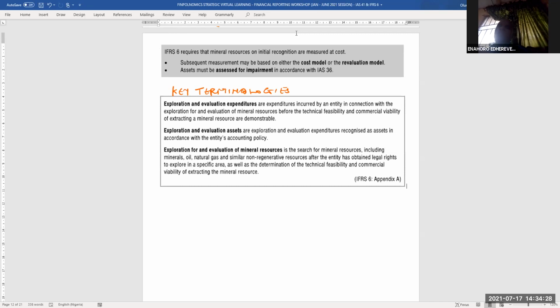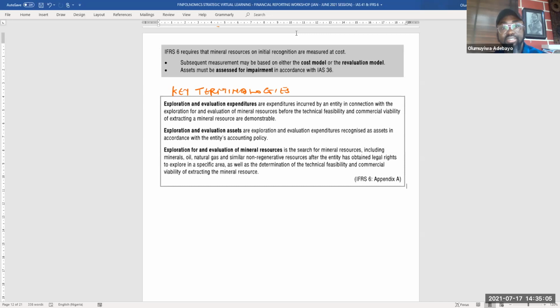Exploration for and evaluation of mineral resources is the search for mineral resources, including minerals, oil, natural gas, and similar non-regenerative resources after the entity has obtained legal rights to explore in a specific area, as well as the examination of technical feasibility and commercial viability of extracting the mineral resources. IFRS 6 Appendix A. Thank you very much.